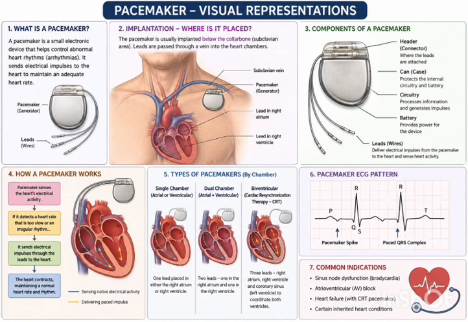The principle is based on electrical activity. The pacemaker continuously monitors the heart's electrical activity. If the heart rate falls below a preset value or a beat is missed, it generates a small electrical impulse that stimulates the heart muscle to contract.